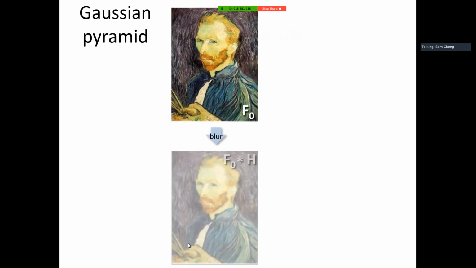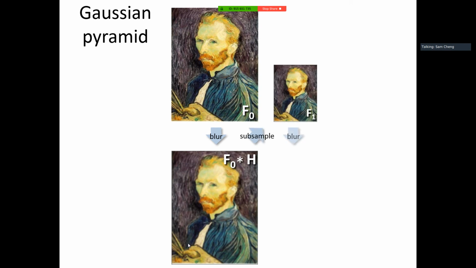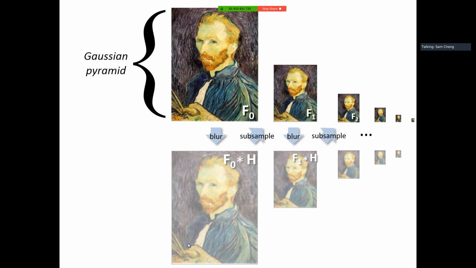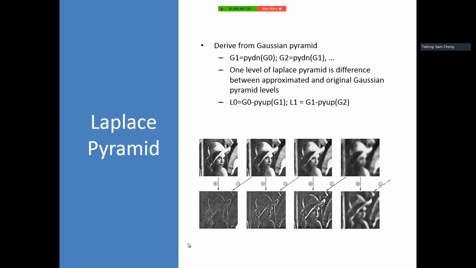The pyramid, of course, is very simple. Typically we blur and then downsample, blur and downsample again and again. This is called the Gaussian pyramid, and I also want to quickly mention the Laplace pyramid. The Laplace pyramid comes after you have the Gaussian pyramid.